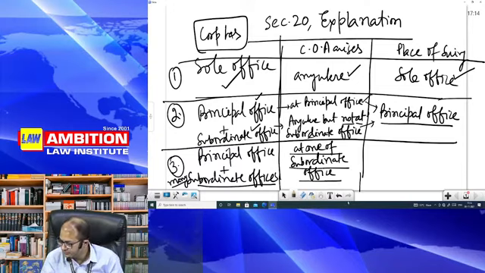Then in that situation, the place of business or suing will be the principal office.